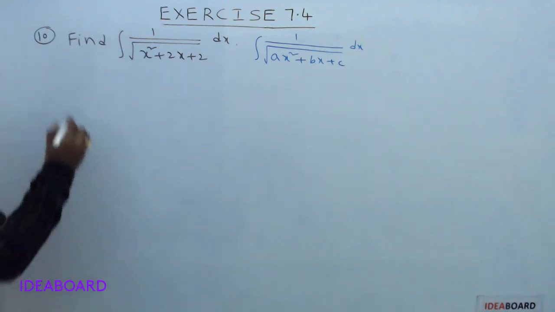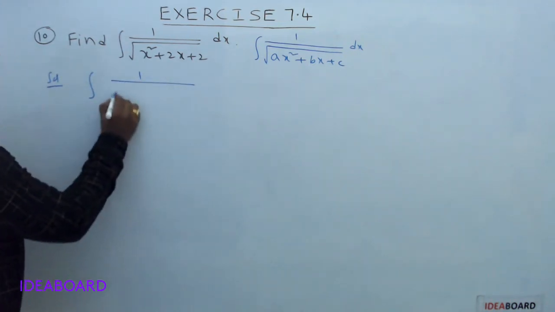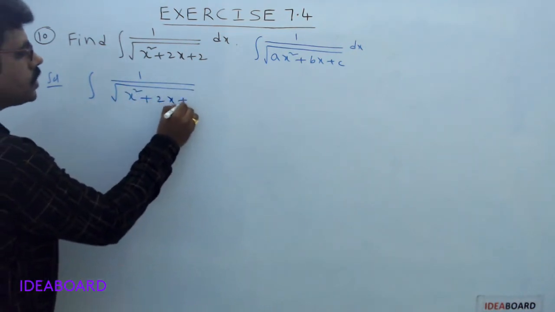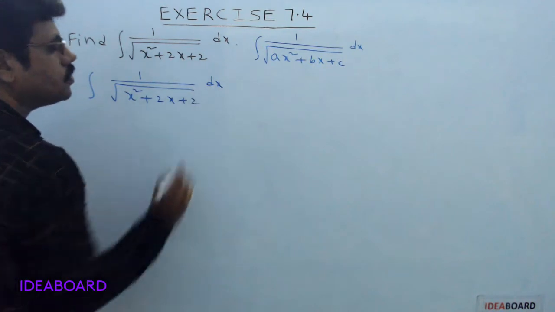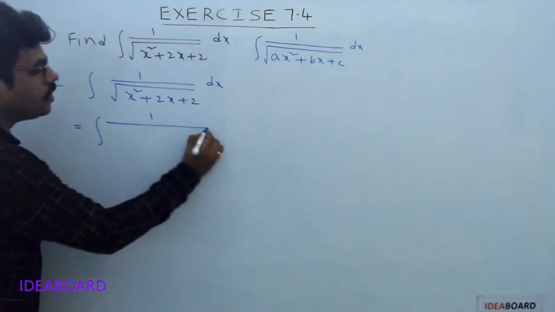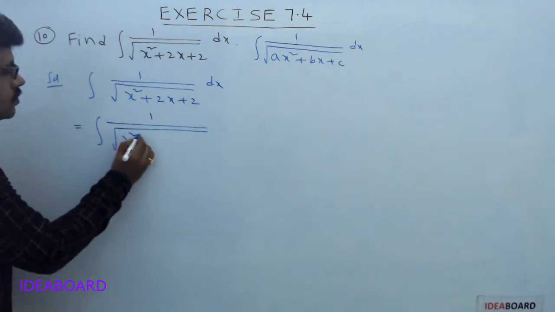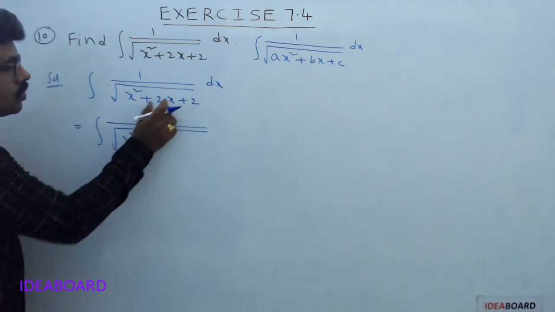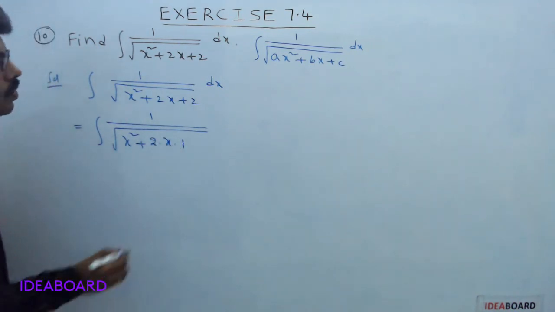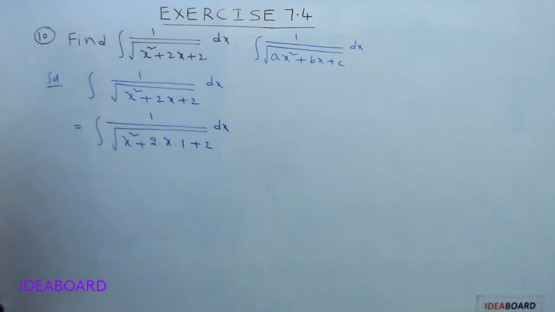Now, come to the solution. Note down the given problem: 1 divided by square root of x square plus 2x plus 2 dx. Now this equals integral 1 divided by square root of x square plus, this 2x can be taken as 2 into x into 1, plus 2 dx.